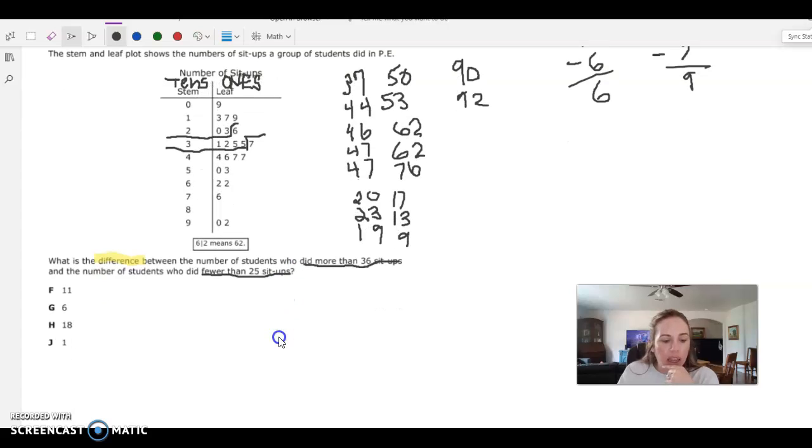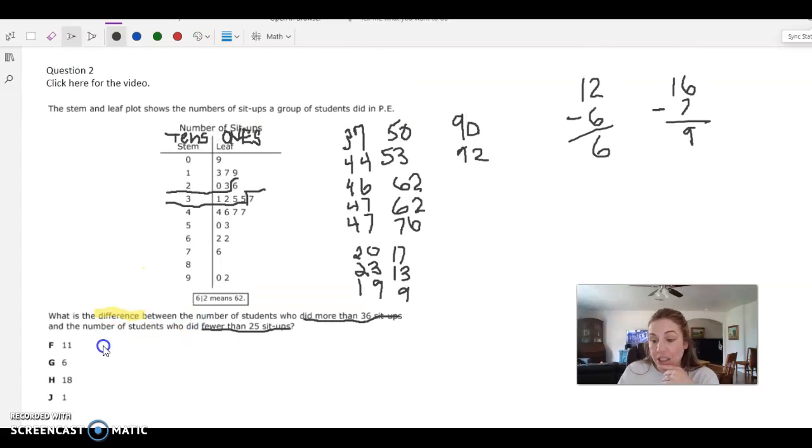Maybe they just got confused and picked the first answer. Because really, when I look at the data, the whole state didn't do very well on this question, and only about half of the kids in the state got it right. So this must have been a tricky one. So remember, it's your tens and ones. You have to count all your duplicates in this particular question because each one is a student who did that many sit-ups.